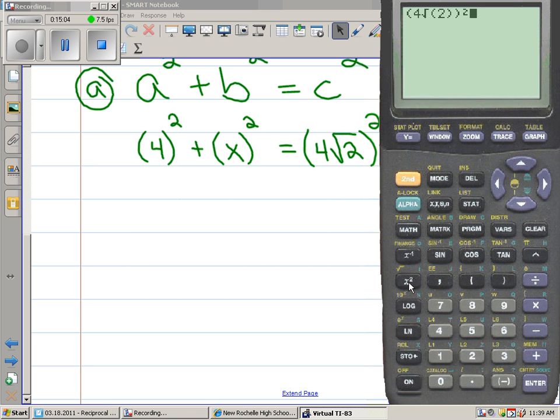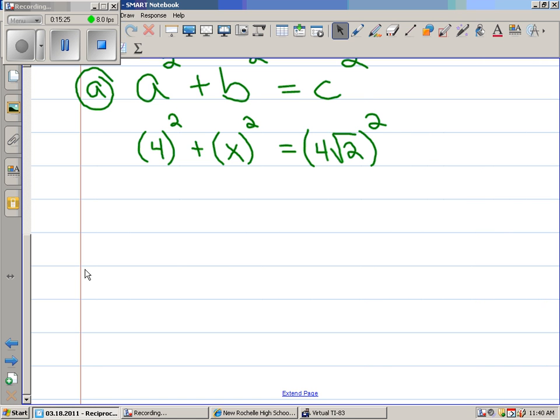If you use the squared symbol without the parentheses, let me show you what you'll get. 4 radical 2 squared is 32. Watch what happens for some other people that entered into your calculators. It squared only the radical 2. So don't do that. You've got to put it all in parentheses. Okay? 16 plus x squared equals 32.